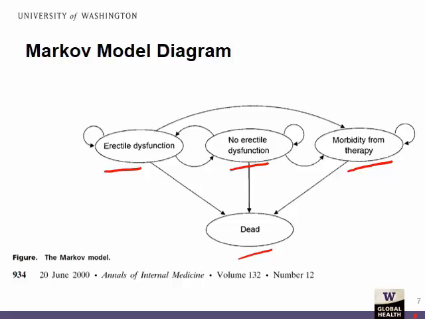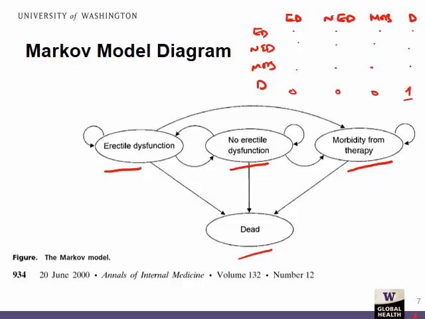Essentially, you can just put the different states: erectile dysfunction, no erectile dysfunction, morbidity, and dead. And you can do the same: ED, no ED, morbidity, and dead. And you can put your different transitions here, and you have some that are not allowed. For example, dead to anything but dead is not allowed. So all these would be zeros, except this one, which would be a 1. And you can fill in the others based on the arrows.